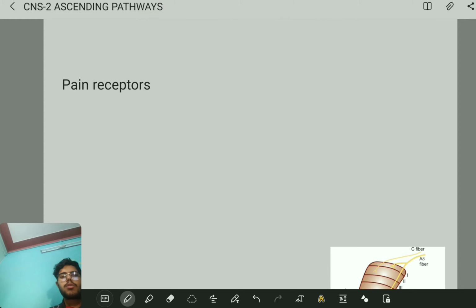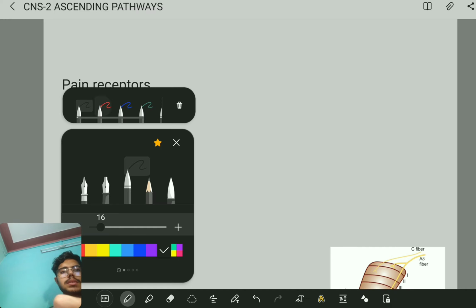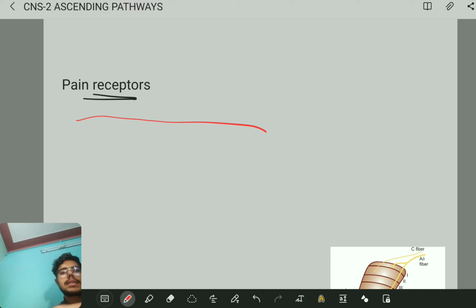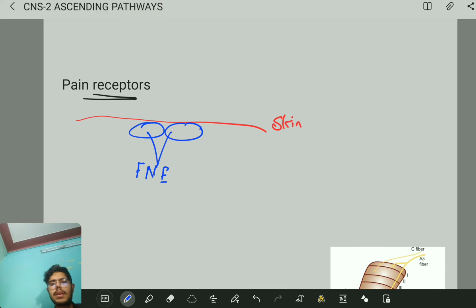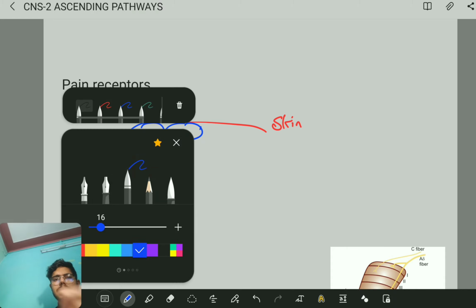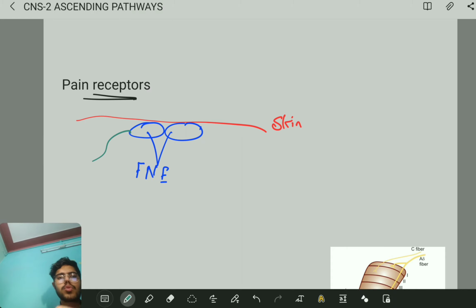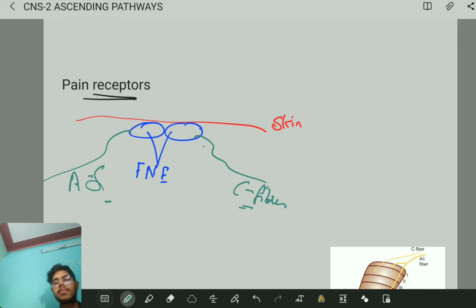Now we'll be discussing about pain receptors. Okay, listen carefully, look at the basics. If you have a skin, this is your skin, you will be having free nerve endings. Because of these free nerve endings, there is attachment to your A delta and C fibers.